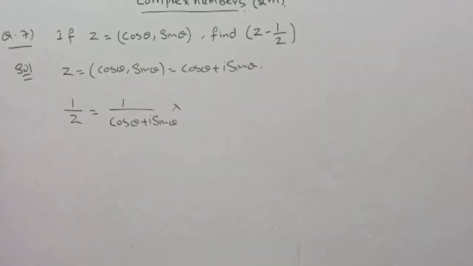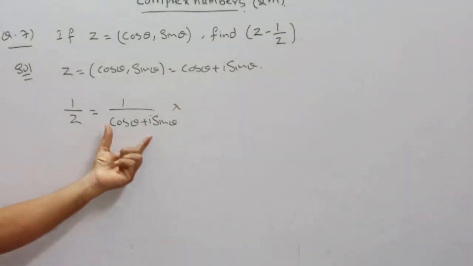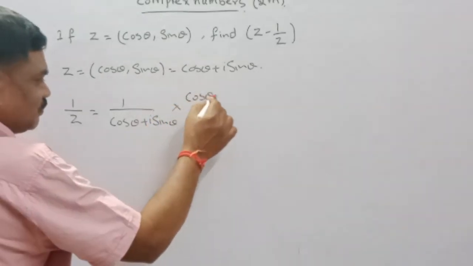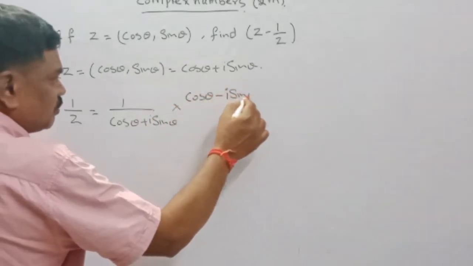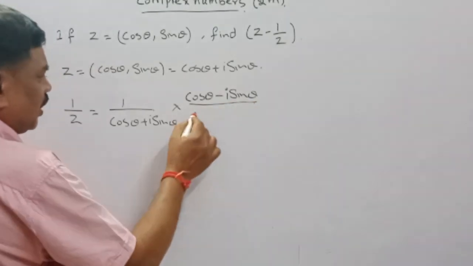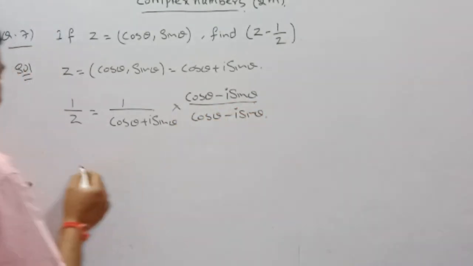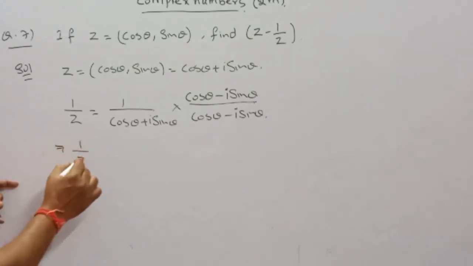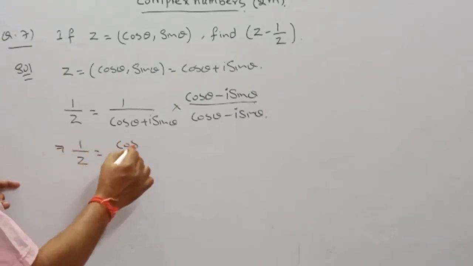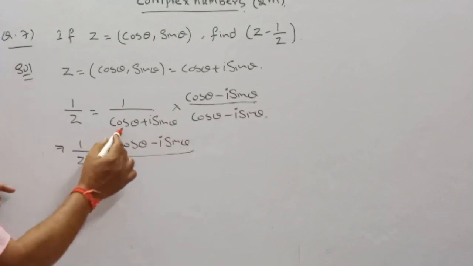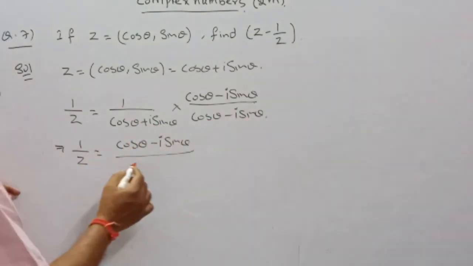You can convert the denominator into a real number. That's why you multiply with cos theta minus i sin theta and divide with cos theta minus i sin theta. This implies 1 by z is equal to cos theta minus i sin theta by, this is a plus b into a minus b.